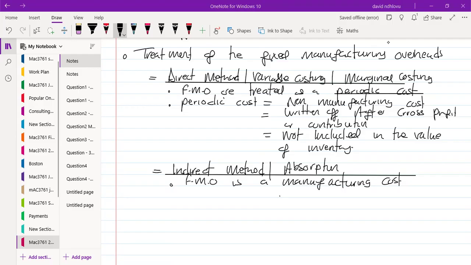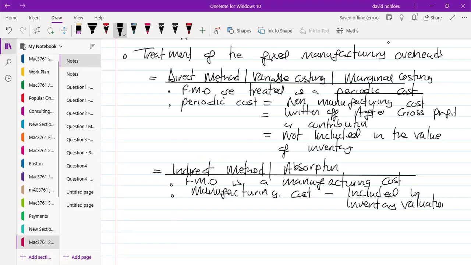When we talk about a manufacturing cost, basically it is the opposite of a periodic cost. It is included in inventory valuation. So when you value inventory, you are going to include all the manufacturing costs.